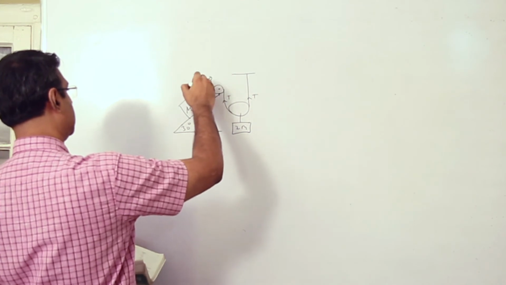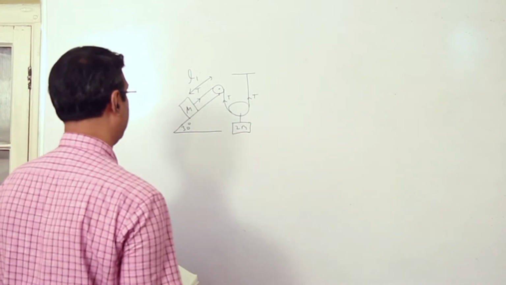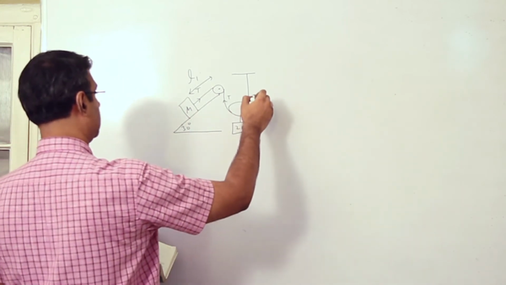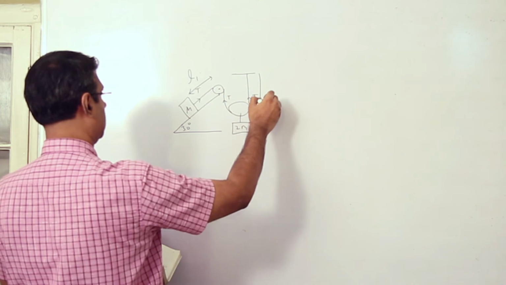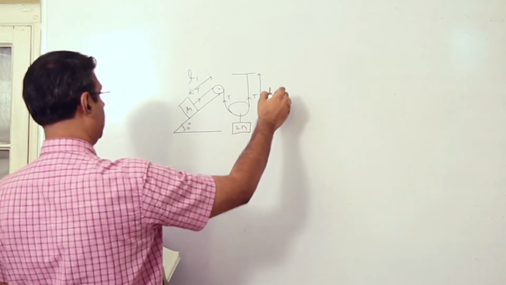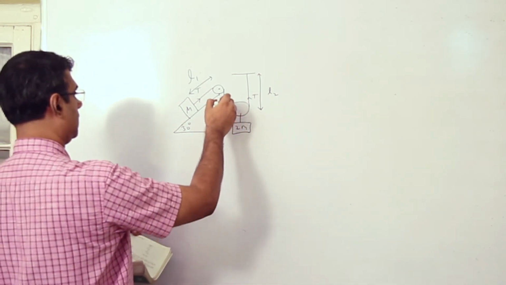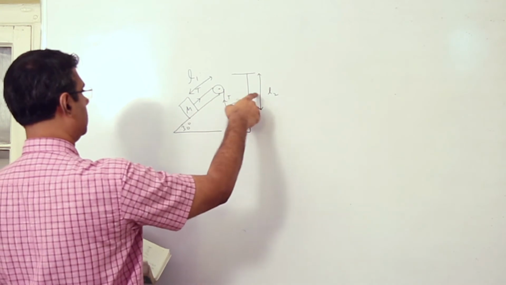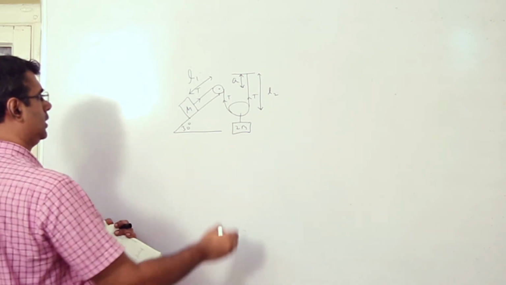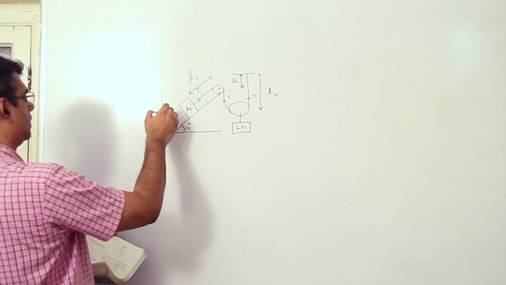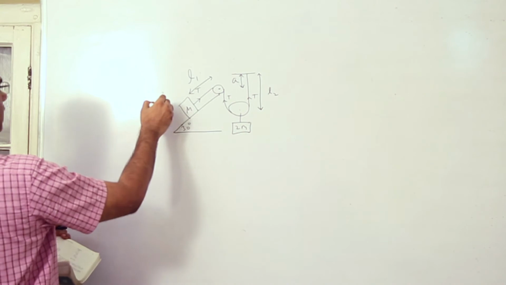So suppose the distance from the center of this pulley to this mass is L1, and suppose from this point to the center of this pulley the length is L2, let us say, and let us say that since these two are fixed, this distance is a constant A. So it's pretty clear that this segment from here to here, the length will be L2 minus A.